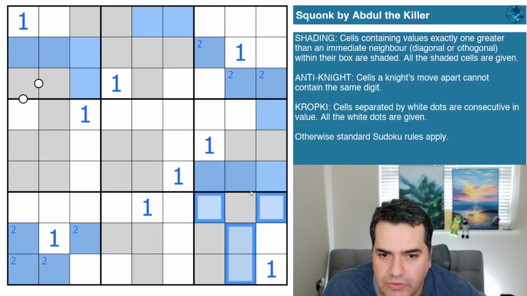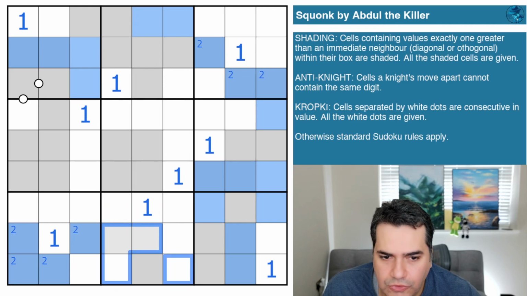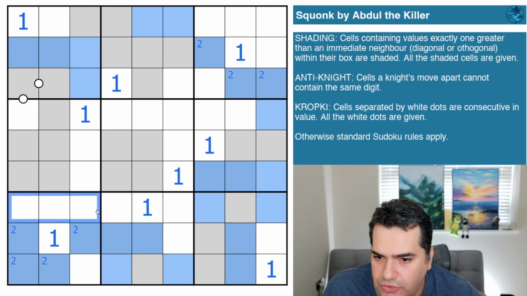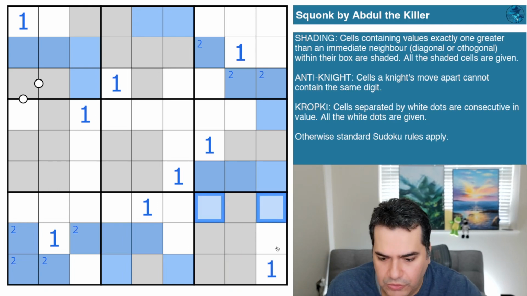Lovely if we can eliminate a few more, but not quite. So none of these or these. These are all the options for a 2, which you can see is now again forcing the 2 to be in only 2 cells now.